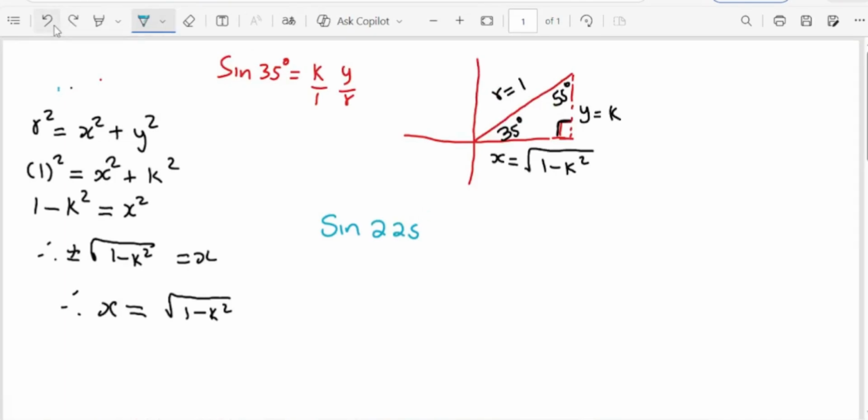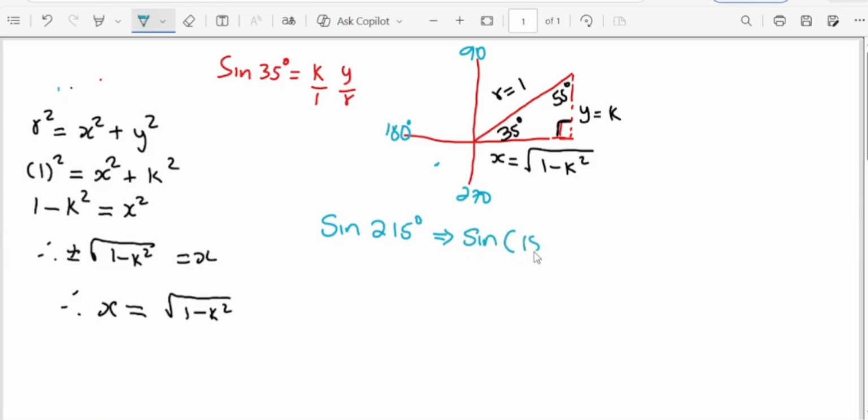You need to ask yourself, in which quadrant is the angle 215? We know that it's between 180 and 270, if this is my 90, if this is my 270, and you can see that this angle is in quadrant 3. So what is happening in quadrant 3? We just say this is the sine of, inside the bracket, 180.